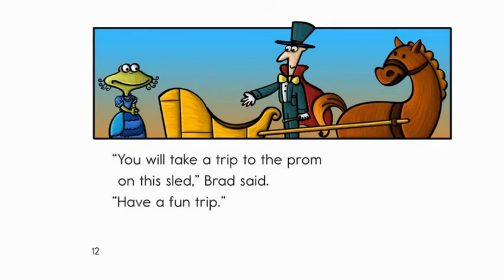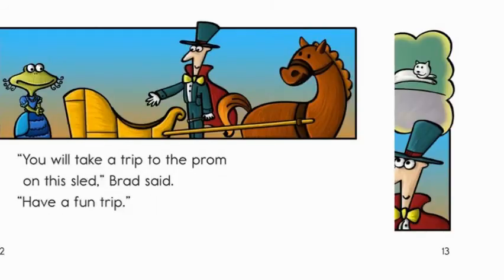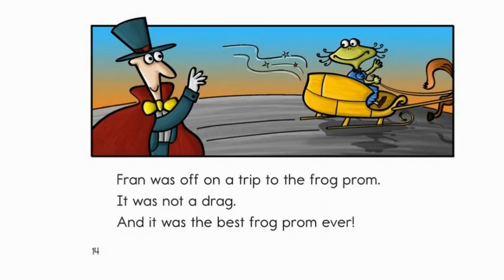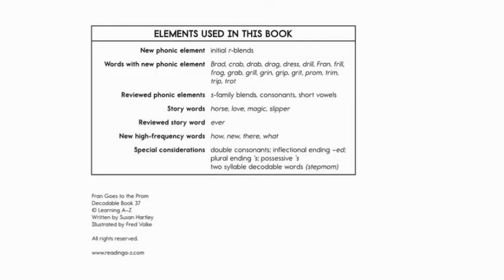"Have a fun trip. You must be home at 10 past 10," Brad said. "If you are not, the sled will be a box, the horse will be a cat, and your dress will be a rag." Fran was off on a trip to the frog prom. It was not a drag, and it was the best frog prom ever.